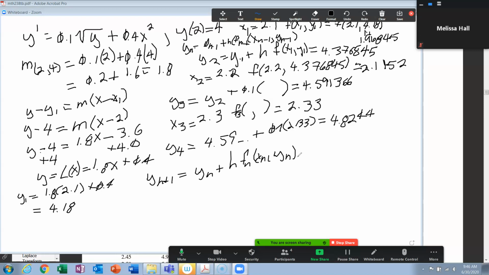That gives you the next y, and go on from there. It's just mostly bookkeeping, keeping things in order, keeping up with what's what, and plugging them in at the right places. All right, there.